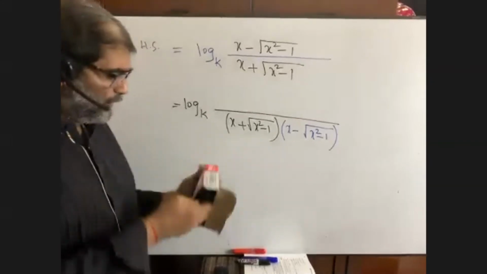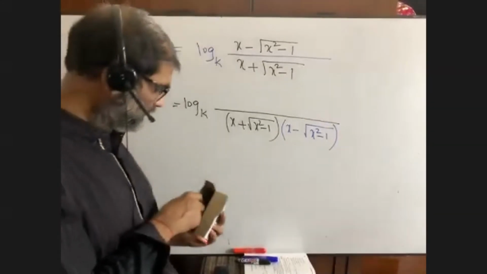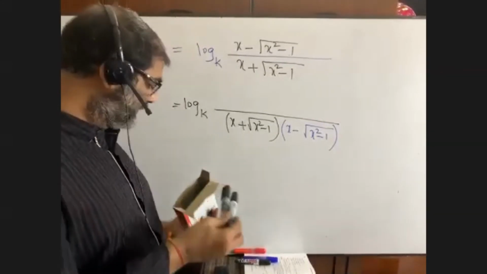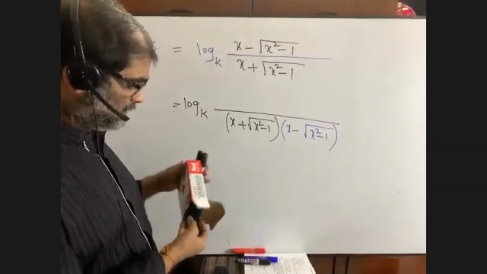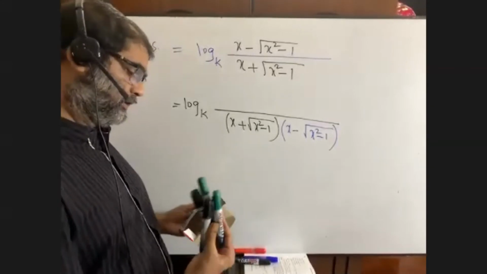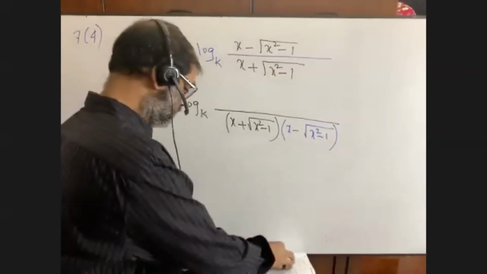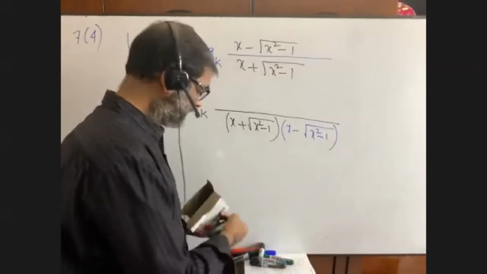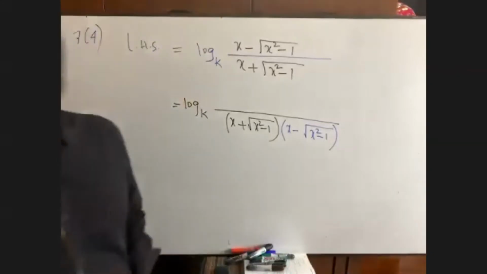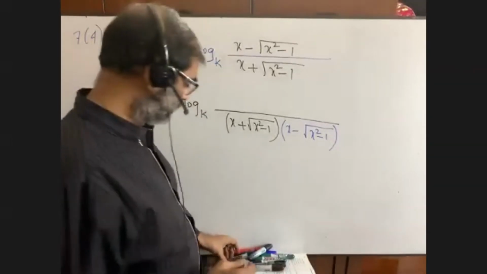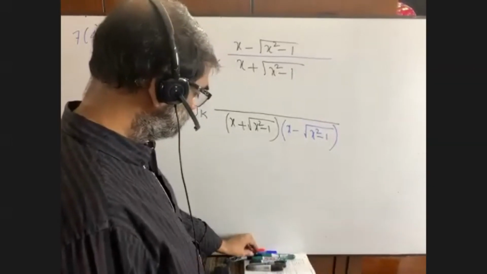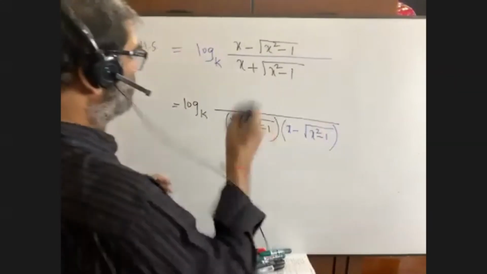But we have to again multiply the numerator with a minus b.